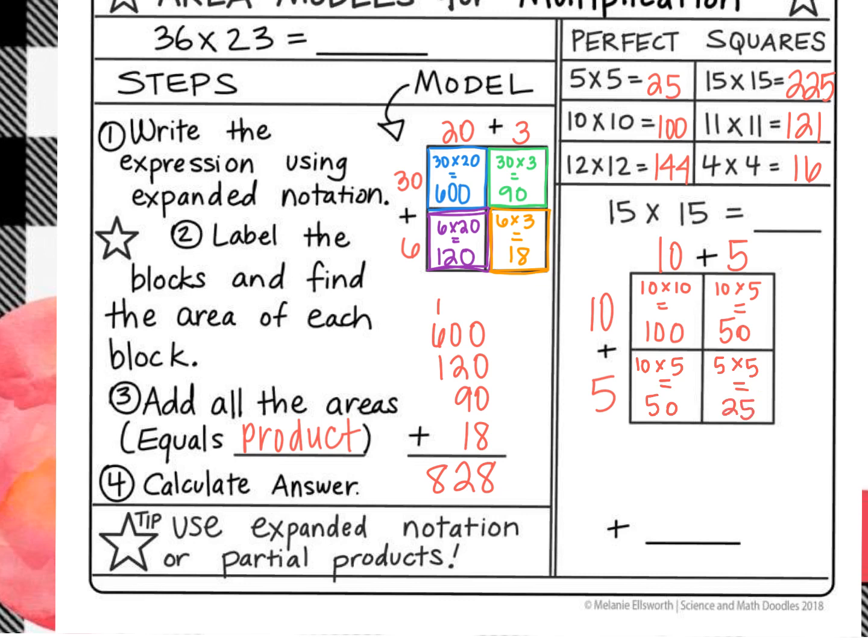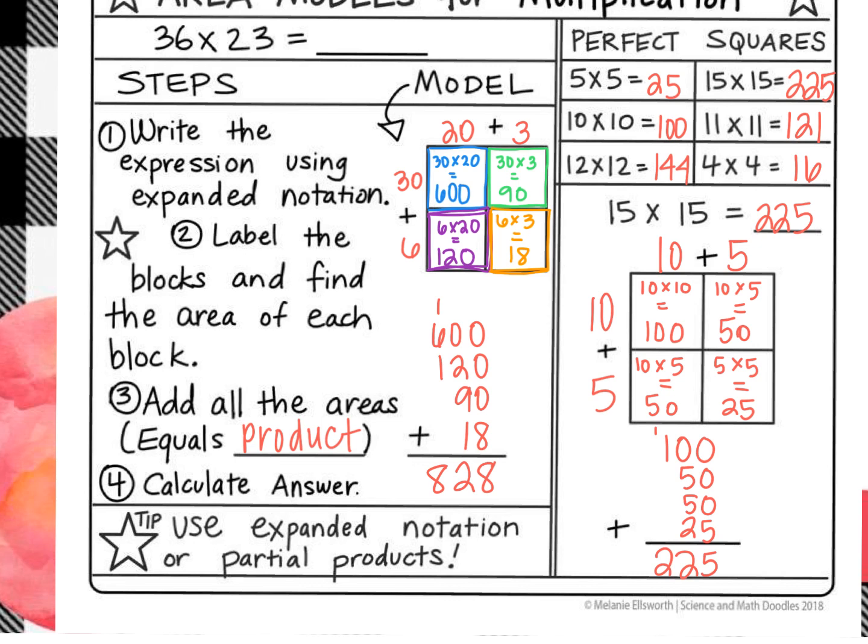If I follow my steps, we're going to do 100 plus 50 plus 50 plus 25, add it all together, and you get 225. That is how we use area models when multiplying 2-digit numbers.